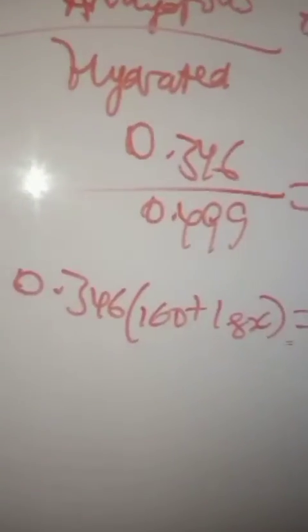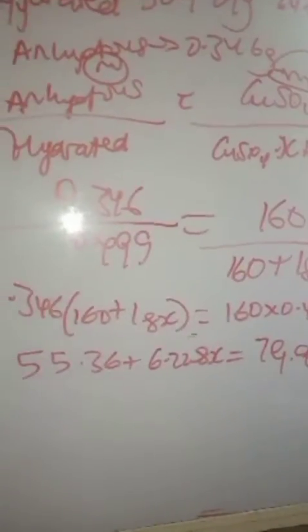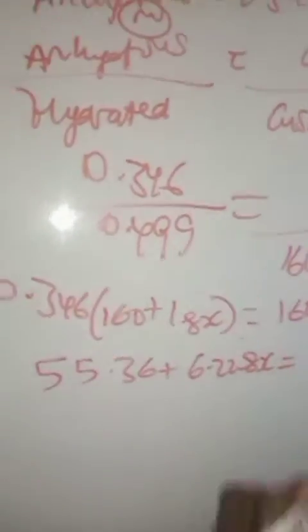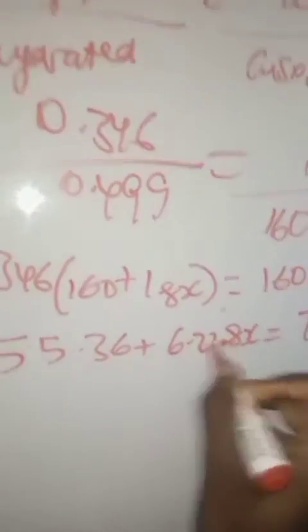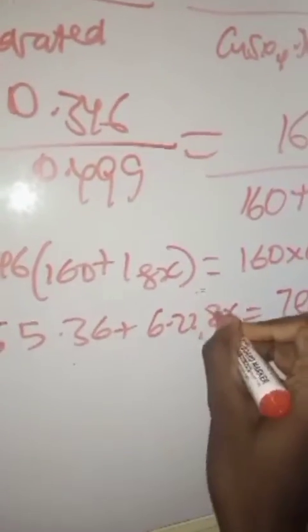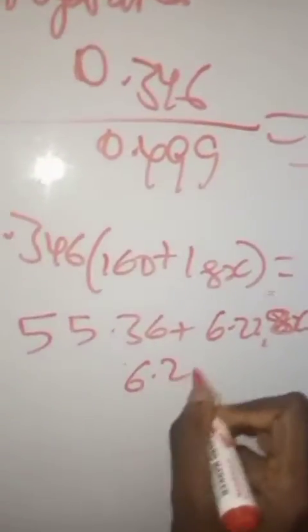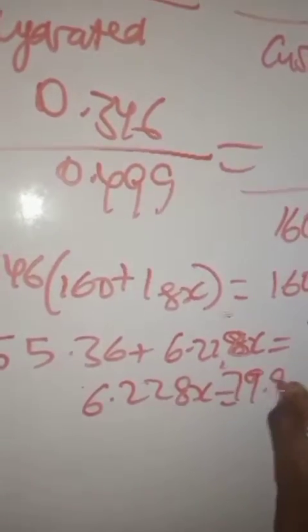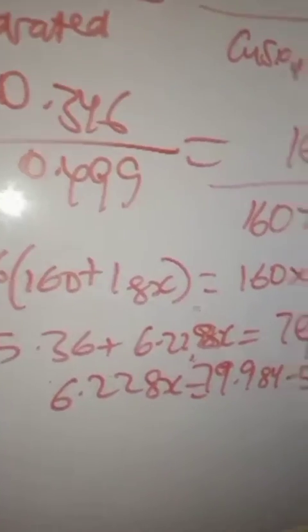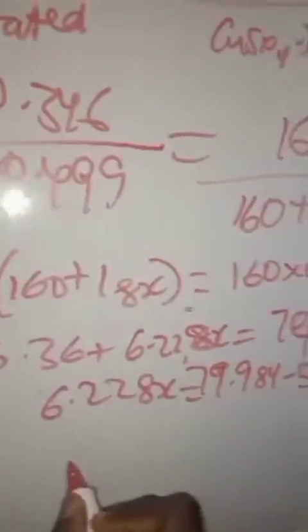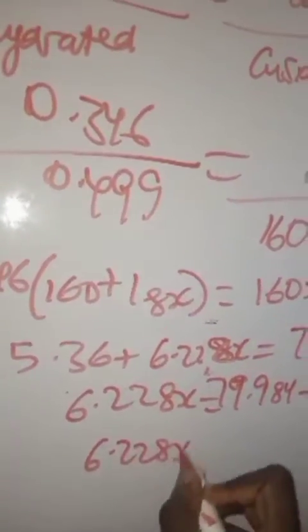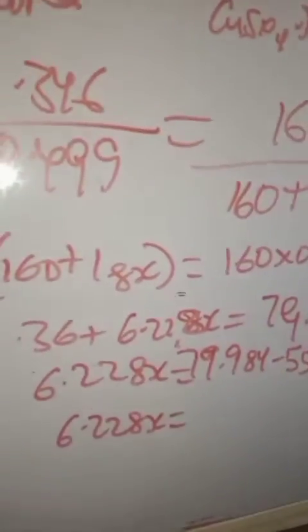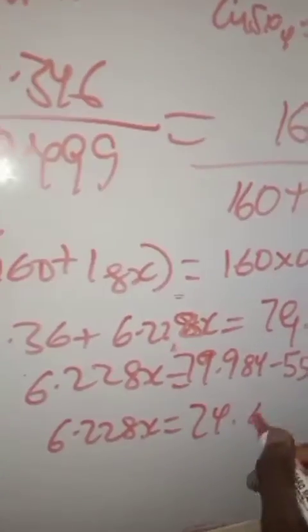Let's solve it now. So this is what you'll have. I used this to multiply, so I've opened the brackets and multiplied on my calculator here. Let's just collect the like terms: 6.228x is equal to 79.984 minus 55.36. So 6.228x is equal to 24.624.